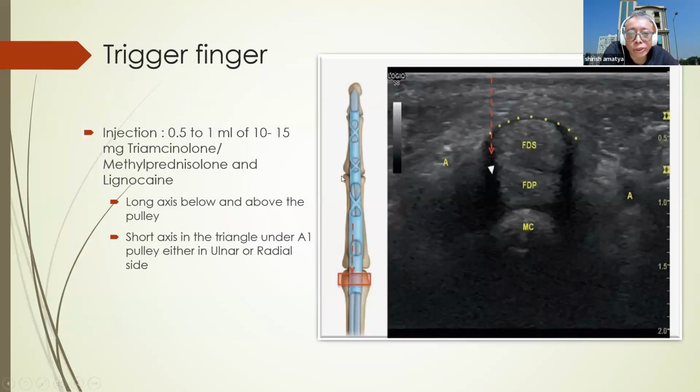It can be injected both in long axis view as well as in short axis view. In the long axis view, normally we inject the steroid and local just above and below the pulley. But in the short axis view, as shown in this picture, we can inject the local and steroid inside the pulley, as shown in this white triangle.